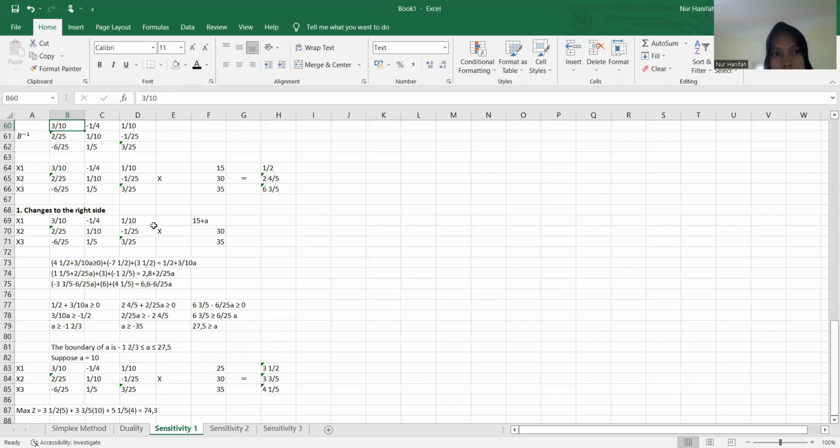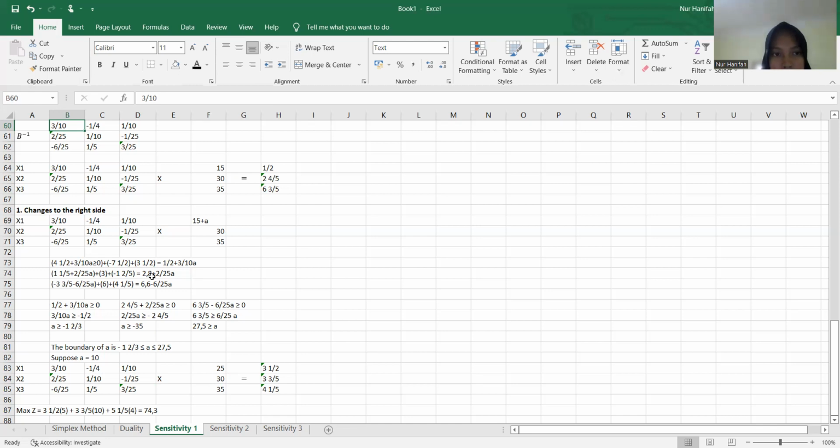We suppose the right side value we change becomes 15 plus a. So we do the matrix multiplication here: 3/10 times 15 plus a, plus -1/4 times 30, plus 1/10 times 35, and we get the result 1/2 plus 3/10a.